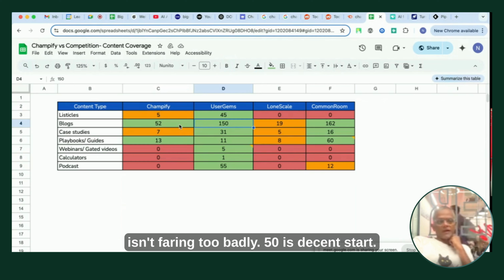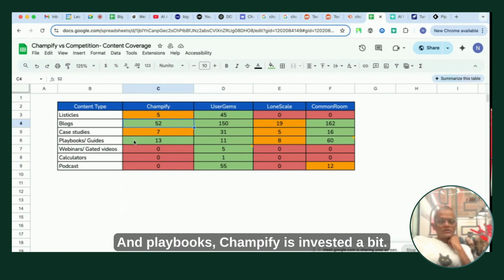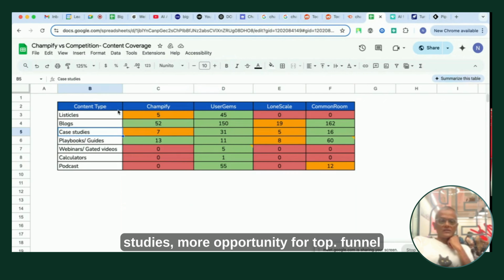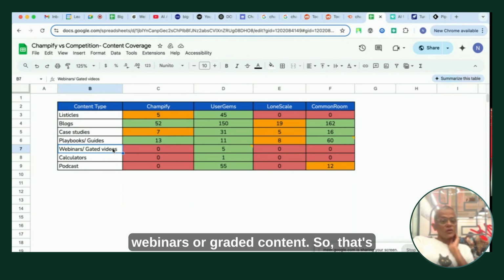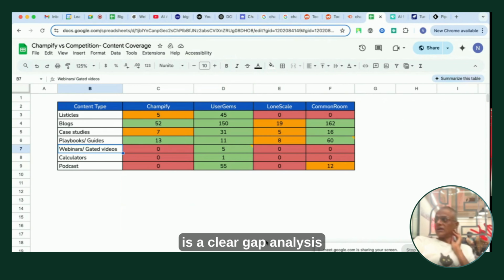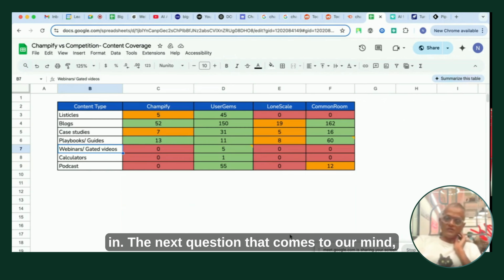Champify isn't faring too badly. 50 is a decent start. And playbooks, Champify has invested a bit, but there's definite opportunity for case studies, more opportunity for top of the funnel listicles, and zero webinars or gated content. That's a telling reason why even if traffic comes, you're not going to get too many leads if you don't do that. So this is one interesting understanding. That is a clear gap analysis of the content areas that Champify has to invest in.